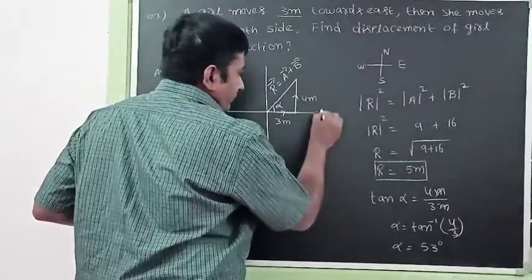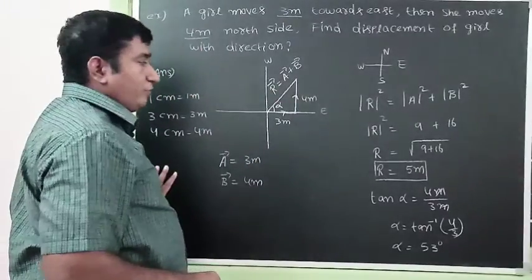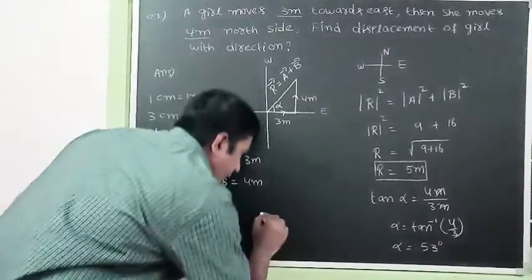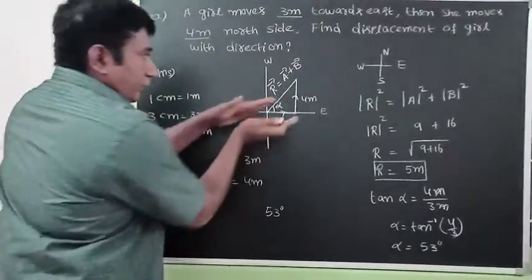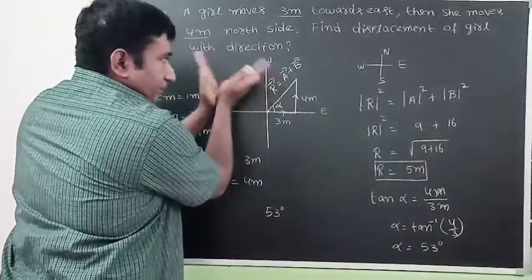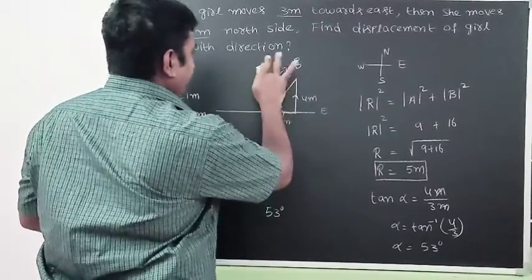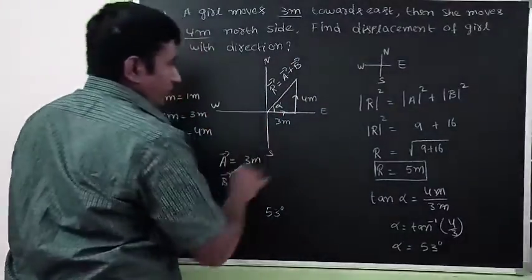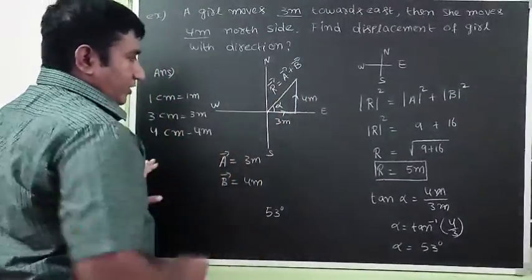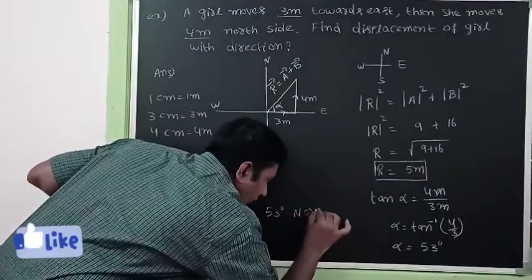That means if I am considering this is east, this is west, in which direction is it moving? It is moving 53 degrees towards that side. Sorry, this is north, this is west and this is south. So toward that side, I can take it as 53 degrees north of east.